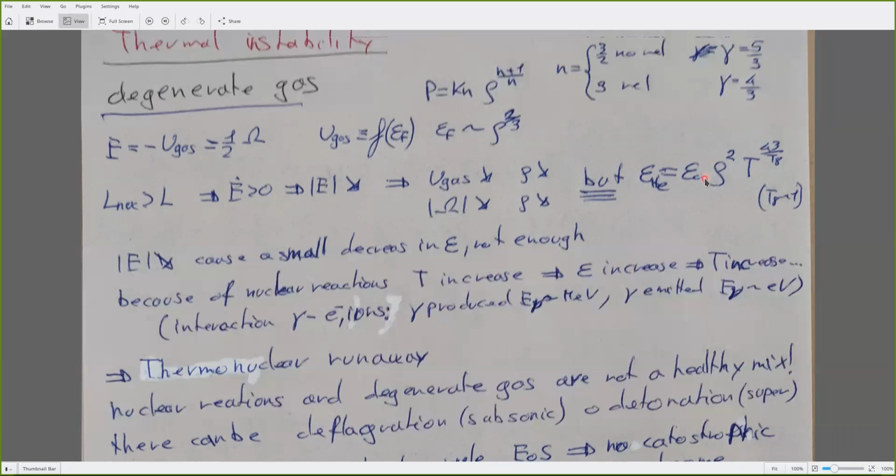So you can see that in this case, even if the density will decrease, since we have an increase in the temperature for the nuclear reaction, the increase will feed more the nuclear reaction. It is the same.